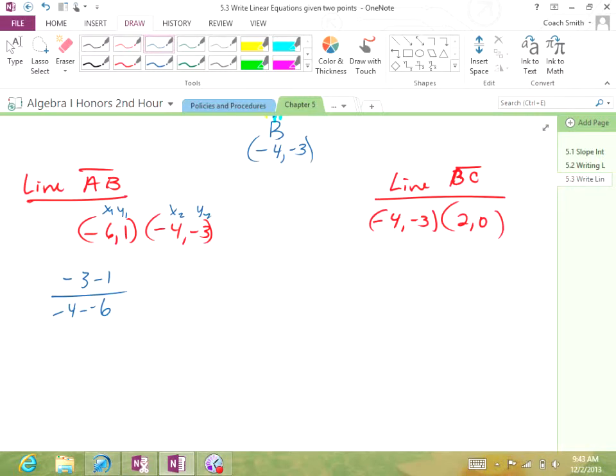Oop, hang on, I reversed the bottom one. That's right.